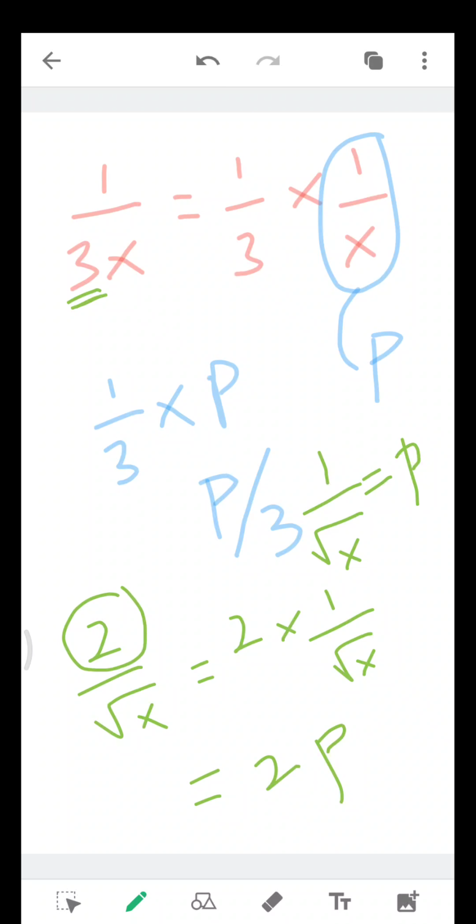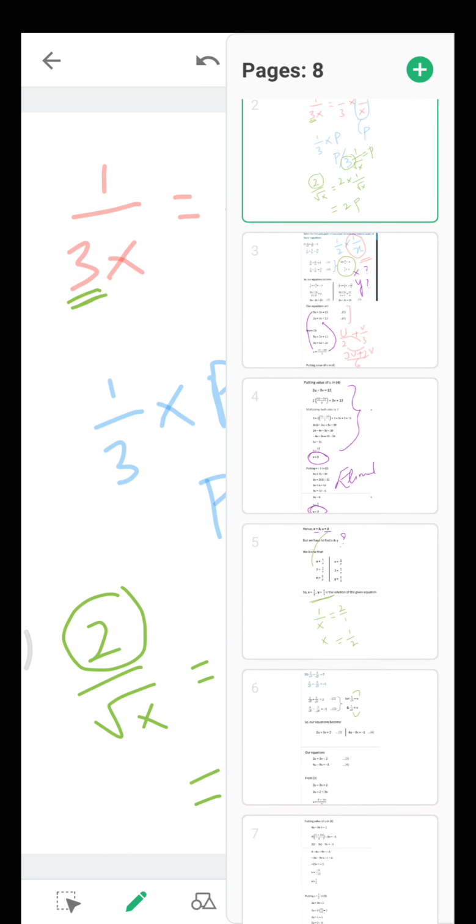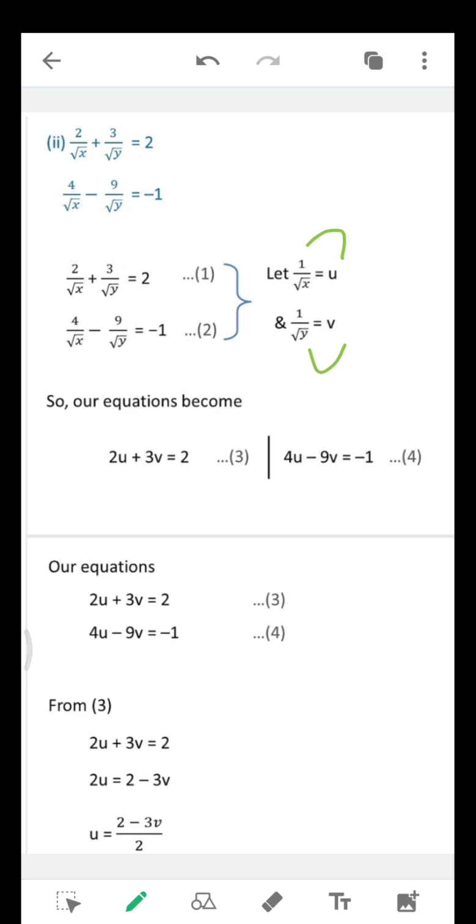This is the major difference between these two questions. If the real number is in denominator, it will remain in denominator, we will write p by 3. If it is in numerator, it will be 2p. Okay, so following this procedure, we will proceed now.